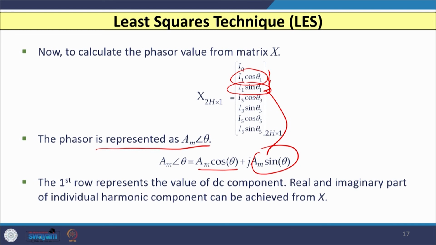Similarly, you can calculate the phasor value of the third and fifth harmonics. Here you can see that the first row represents the DC value, whereas the real and imaginary parts of the other harmonic components can be obtained when you obtain the value of x.